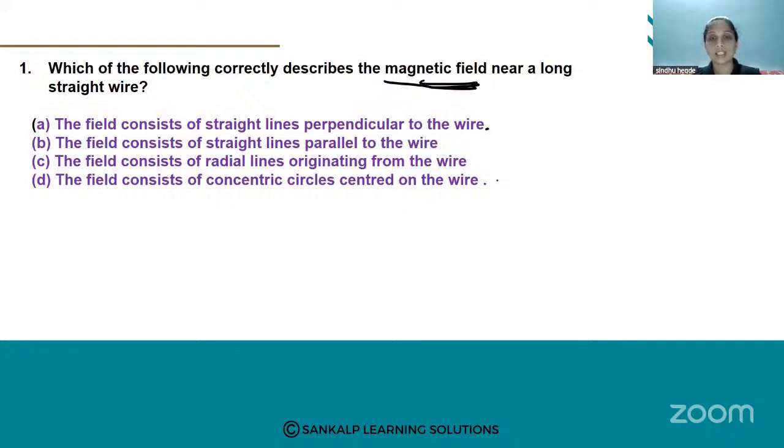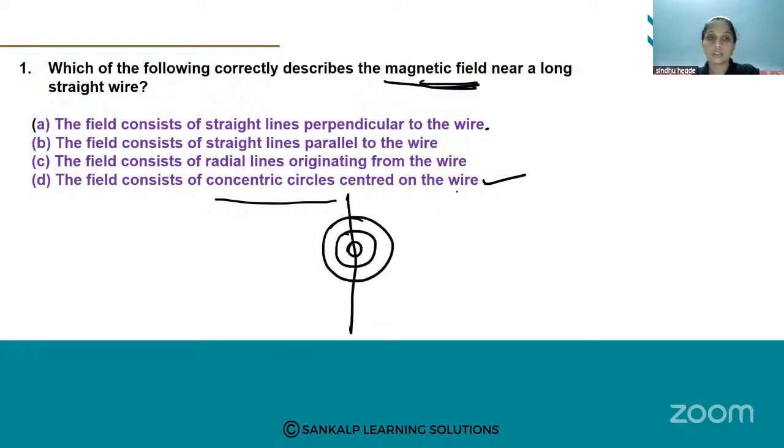So the pattern is concentric circle. We know that when the current flows through a straight long conductor, the magnetic field line formation is concentric circles. So D option is correct.